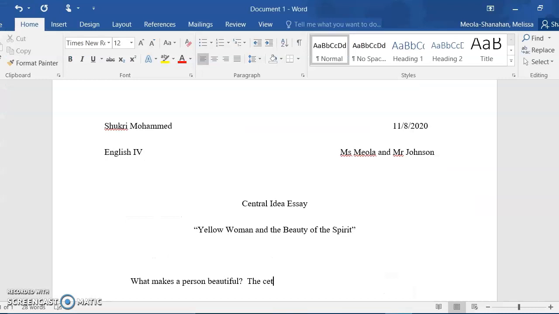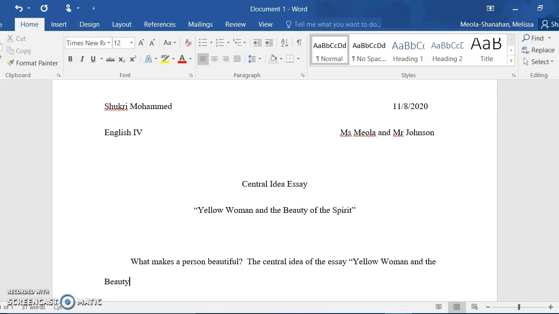The central idea of Yellow Woman and the beauty of the spirit by Leslie Marmon Silko is that beauty comes from strength.